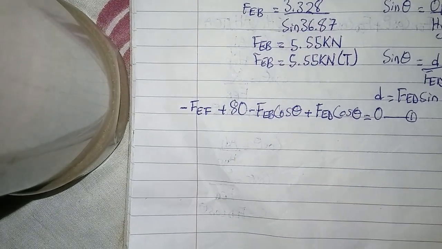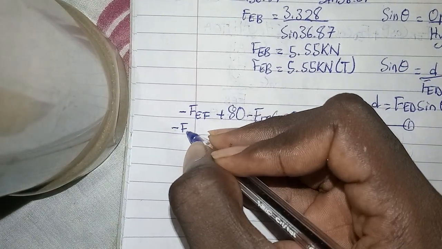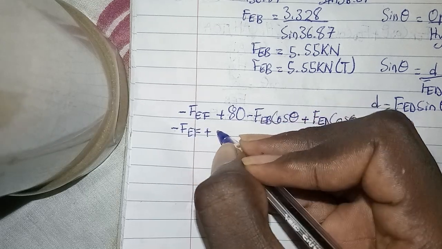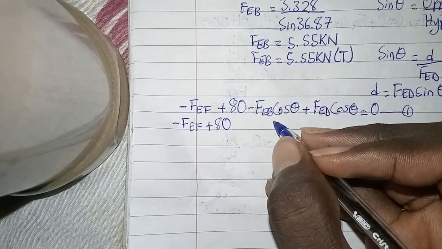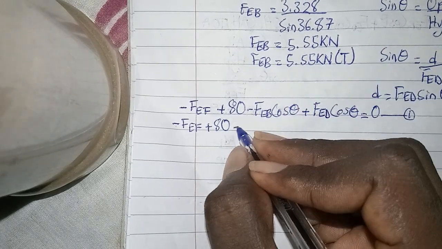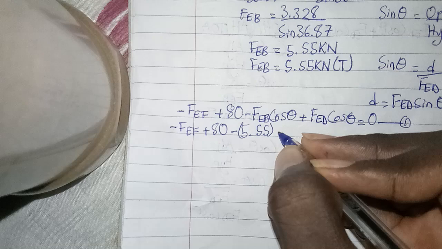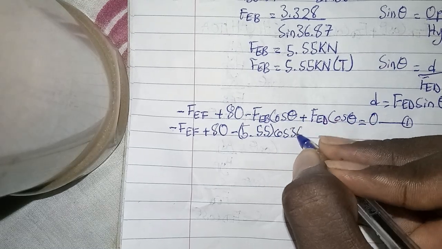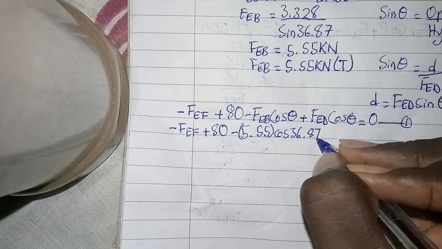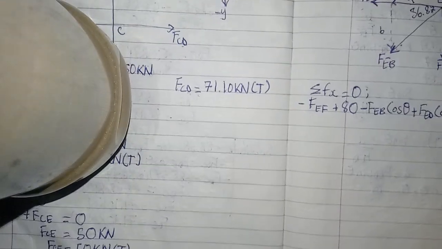So you are going to substitute them into it. Negative force EF plus 80, we know force EB to be 5.55, so minus 5.55 cos 36.87, plus force ED, which is negative 88.88.